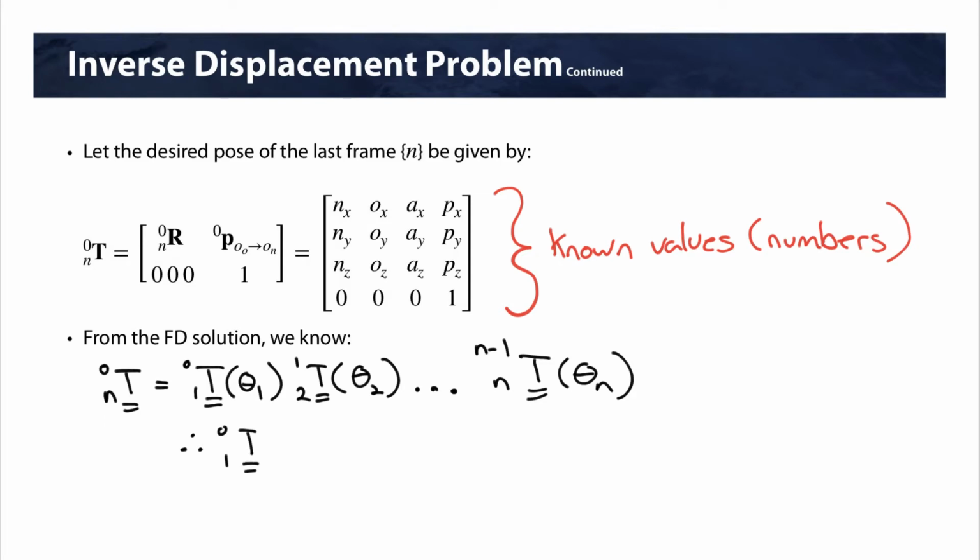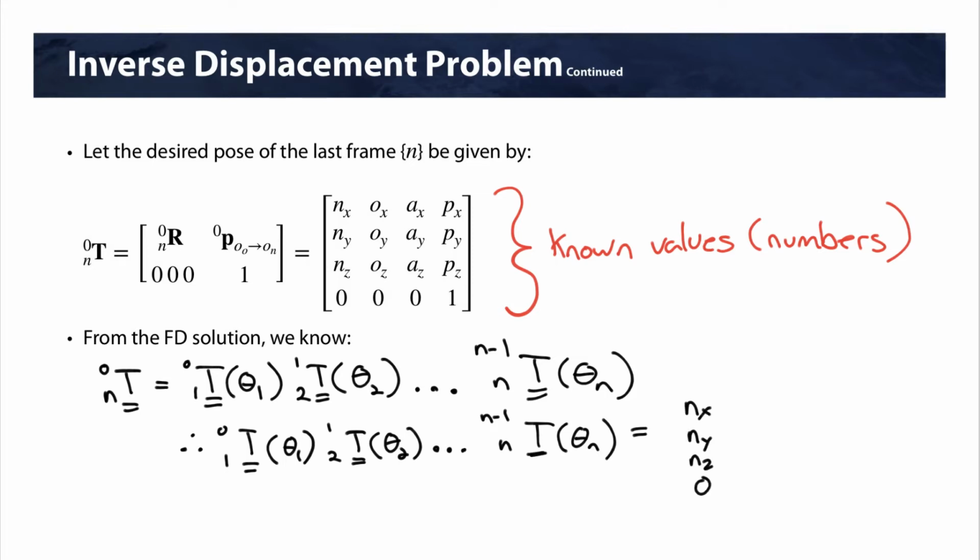So we're going to equate our forward displacement solution to our desired pose, which equals nx, ny, nz, ox, oy, oz, ax, ay, az, and our position px, py, and pz.